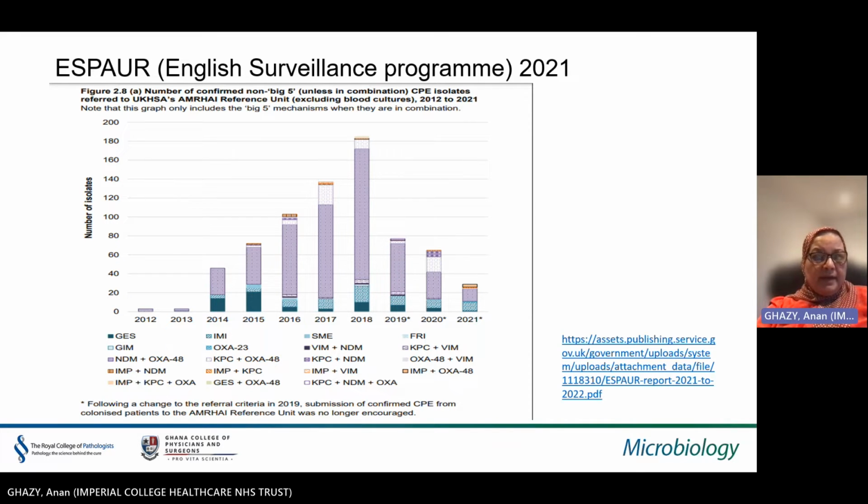So we can see that the highest group of combination is the KPC OXA-48 combination, followed by OXA-23. This is excluding bloodstream infection. And since 2019, the reference lab is not taking any referrals from non-clinical samples. So hence the number of multi-drug resistant samples is very low in comparison with 2018.